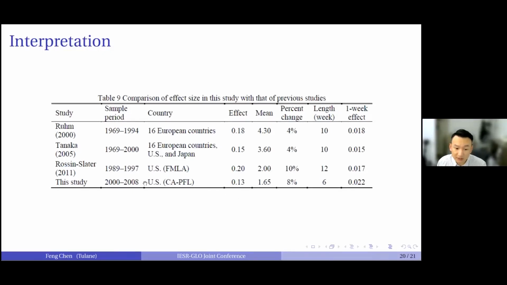And compared with the literature in European countries, the effect size is also slightly larger than previous studies. But generally, all these results are of similar magnitude. And we can see the 1-week leave equivalent effect is about a reduction in infant mortality of 12 to 15 per 1 million.